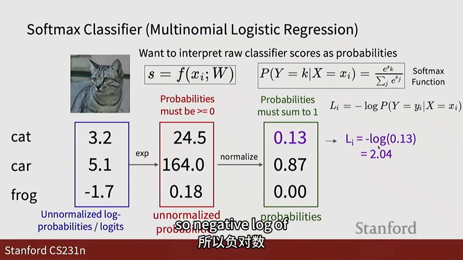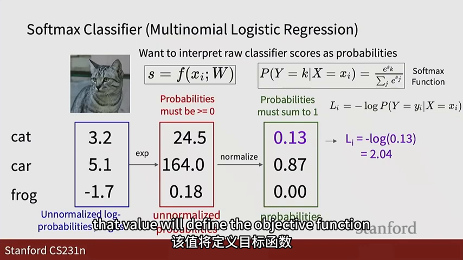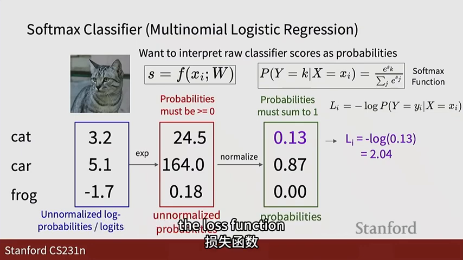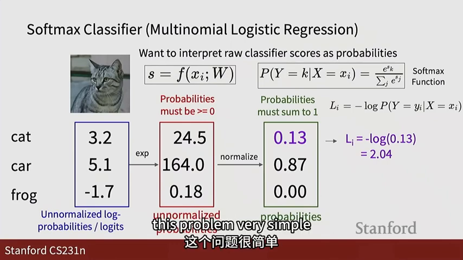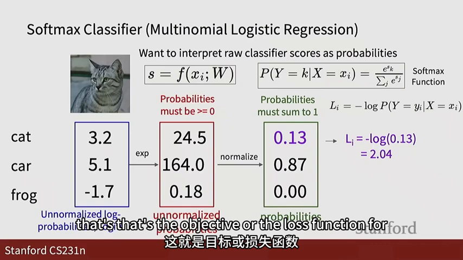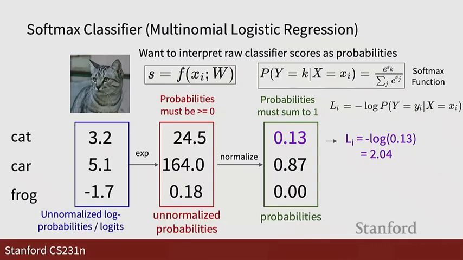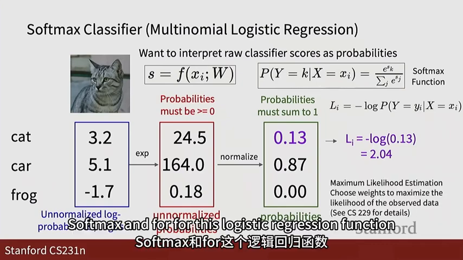So negative log of that value will define the objective function, the loss function, for solving this problem. Very simple. That's the objective or the loss function for softmax, and for this logistic regression function.